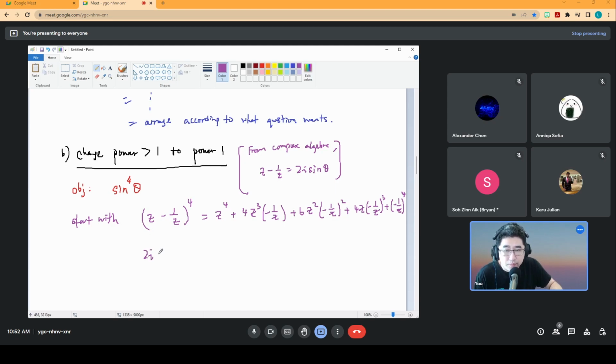So I replace things inside: 2I sine theta power 4. On my right side, I'm going to simplify: z power 4, minus 4z squared, plus 6, minus 4 over z squared, plus 1 over z power 4. After I simplify it, I combine the similar powers together.